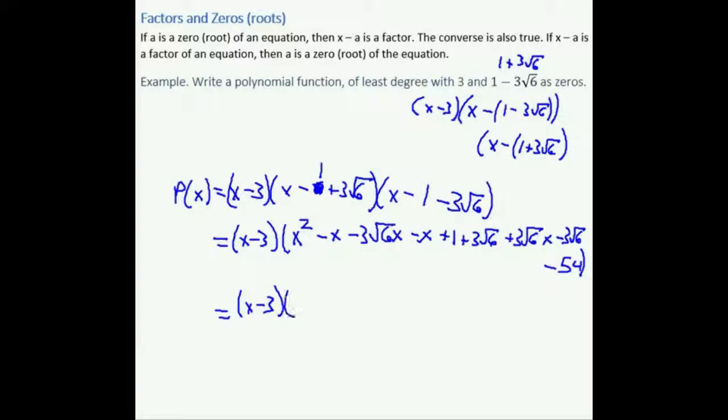So as you see, the concept of making the polynomial isn't too bad. It's just a matter of multiplying things out, makes it a little longer. So let's see, we have an x squared. We have a negative x, another negative x. So we have minus 2x. We have negative 3 root 6x and a positive 3 root 6x, which is 0.